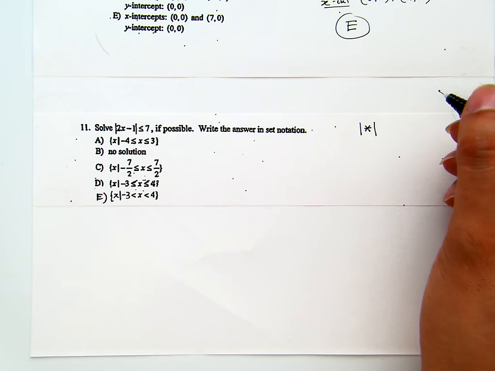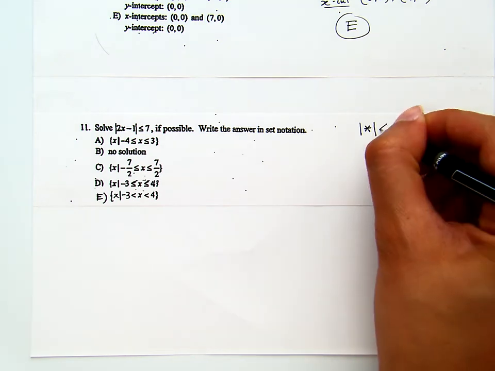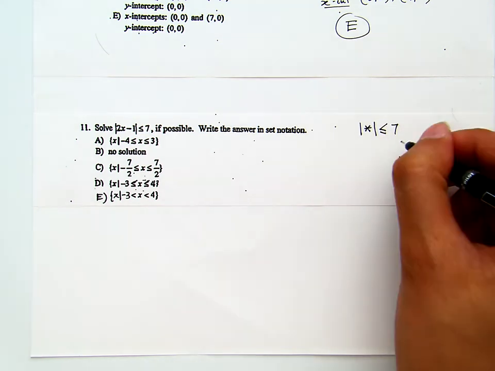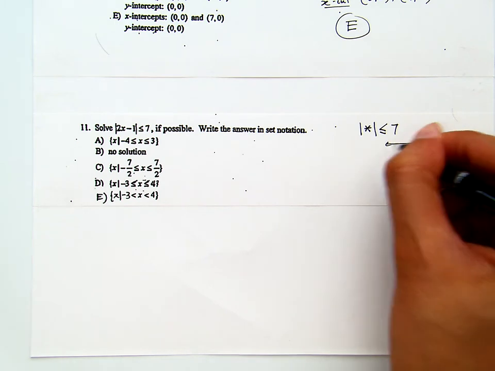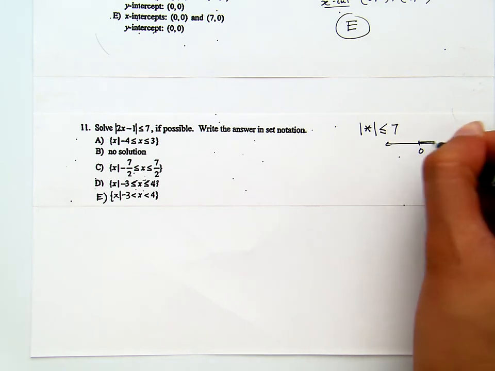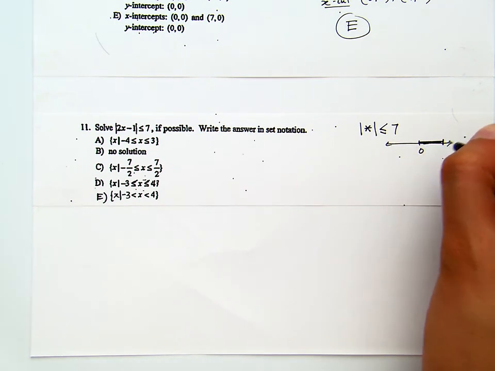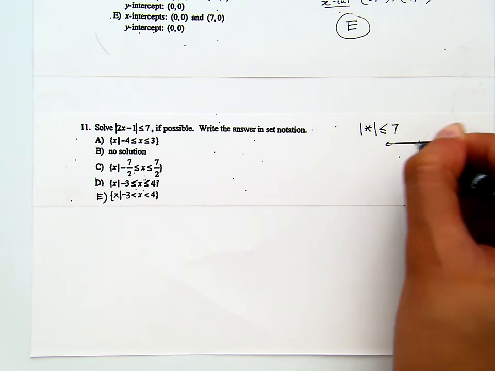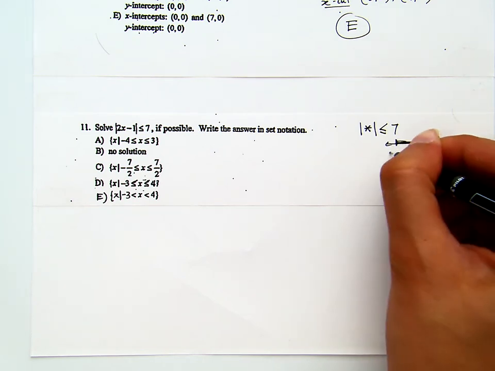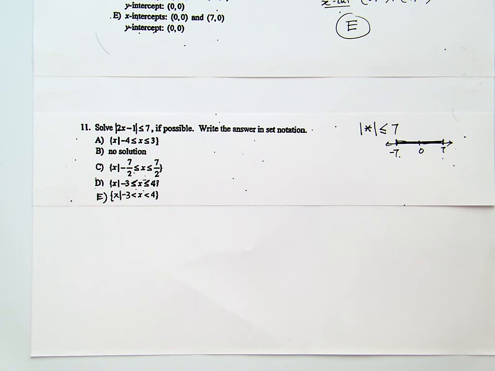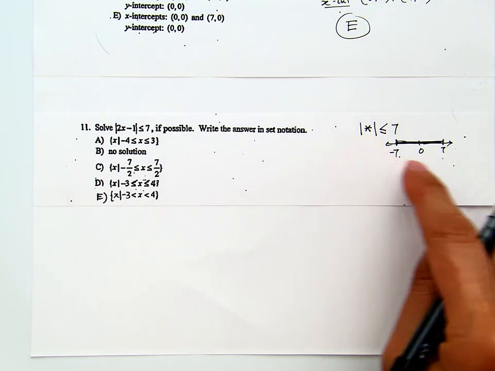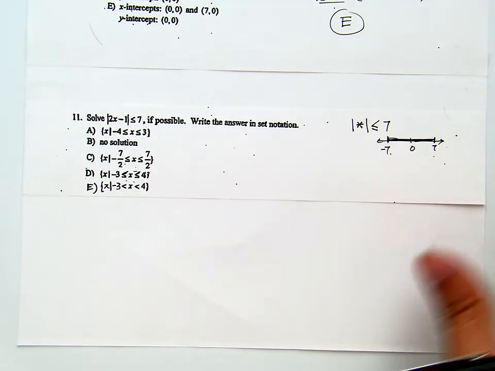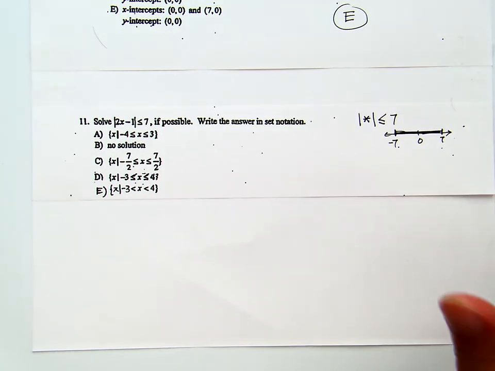So if you have absolute value of blah is less than or equal to 7, if you picture that, if this is 0, it means it goes as far as 7 to the right and 7 to the left. It means the distance of this thing is at most 7 from 0, either 7 units to the right or 7 units to the left.